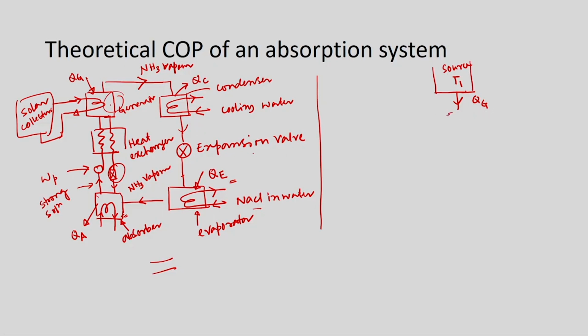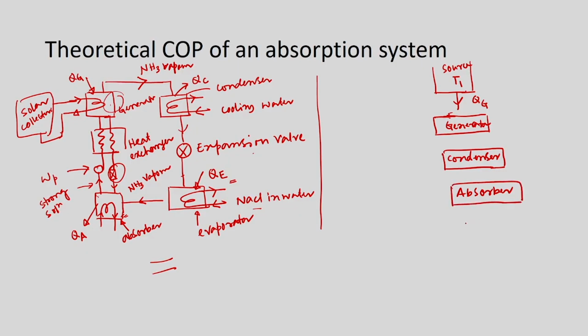So, it goes to generator. I will write this is generator, and then it goes to condenser, then we have absorber, I will write absorber, and we have evaporator.